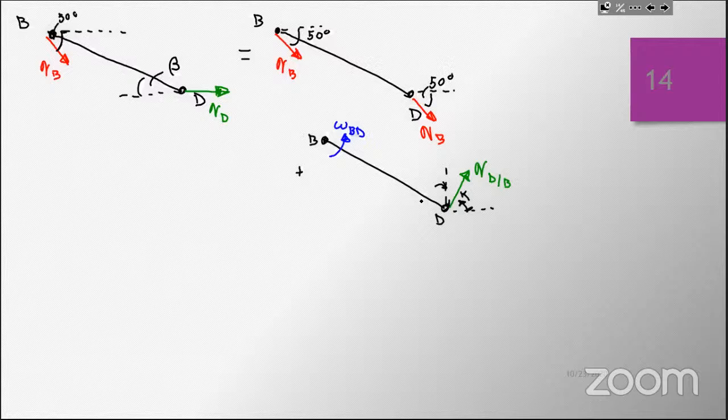And here's my velocity of D with respect to B. Here's the length. This is BD. Remember, this is going to be perpendicular to BD, right? That velocity has to be perpendicular to the length at that point.